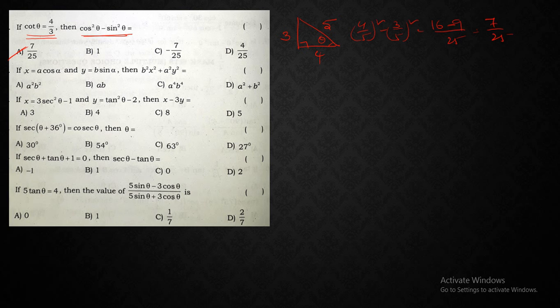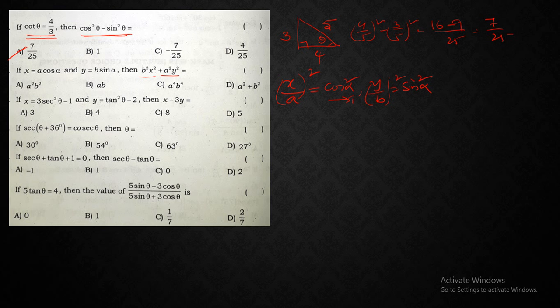Next, x is equal to a cos alpha, y is equal to b sin alpha. Then what is the value of b square x square plus a square y square? Simply write that as x by a is equal to cos alpha, y by b is equal to sin alpha. When I square both sides, x square by a square is equal to cos square alpha, y square by b square is equal to sin square alpha.